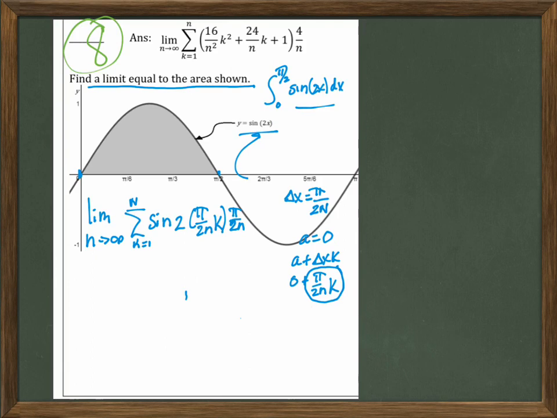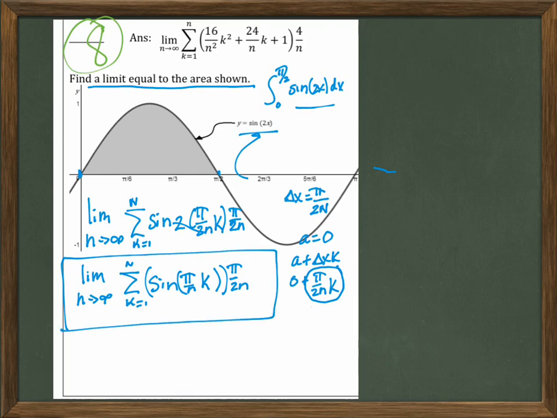Okay, so we can simplify this to be the limit as n goes to infinity of the sum from k equals 1 to n of sine of pi over n k, times pi over 2n. There we go. All right, so let's move on to number 9.